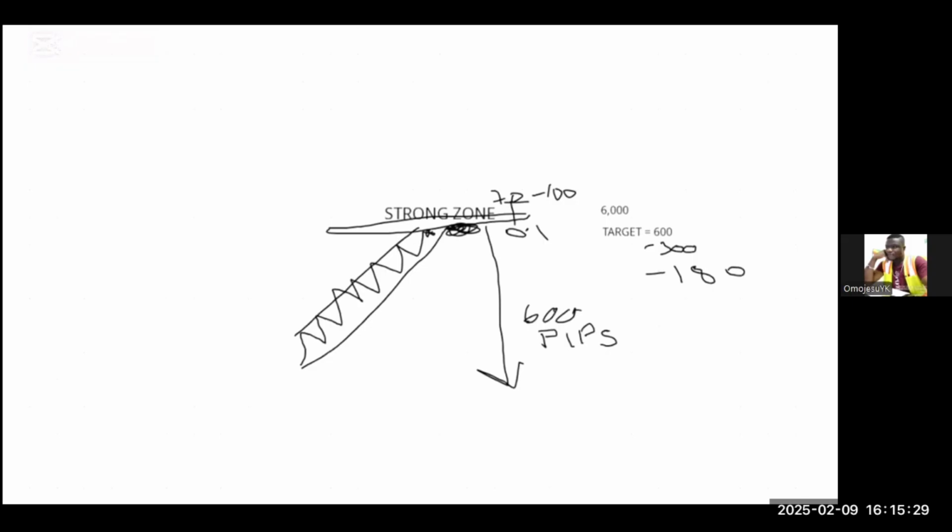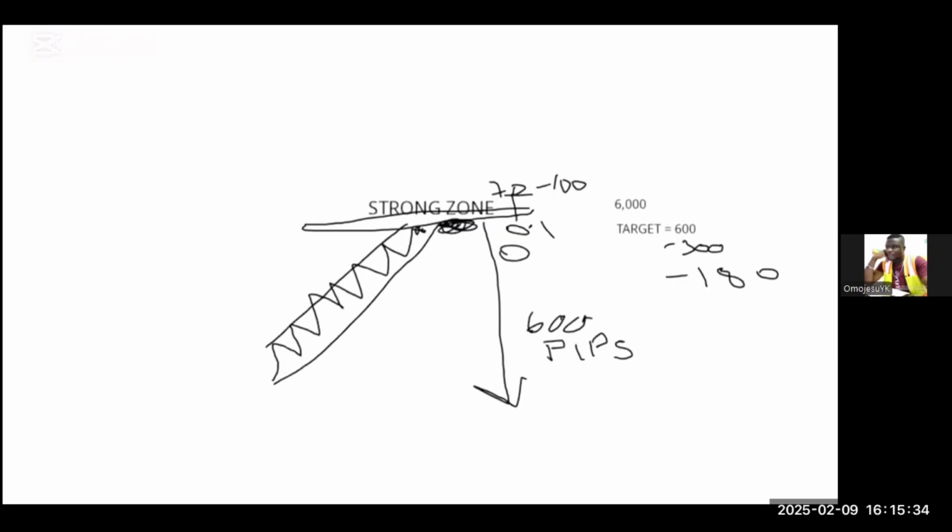Let's say this is one leg you enter. The market is moving, you are in profit already. You maximize your profit by adding another 0.1 lot.